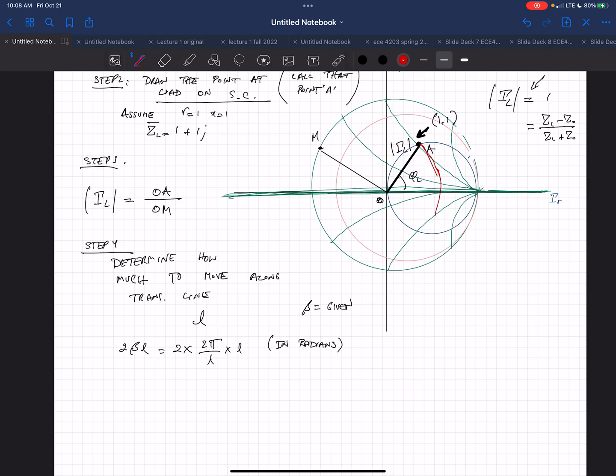Let's say it's this much. So this is going to be 2 beta L radians. And this is going to be my new point, B. And so now I'm going to read my new impedance at this point, B.